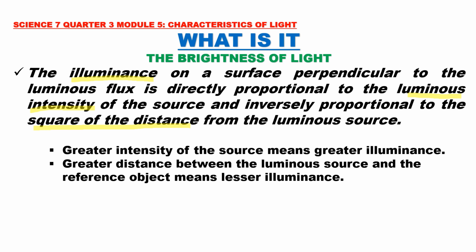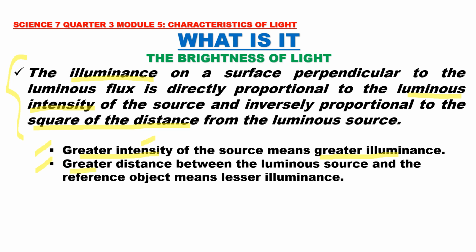So what does this statement mean? We have these two statements. First, greater intensity of the source means greater illuminance. When our light source has a high light intensity or high energy, it is brighter, so the illuminance is greater.